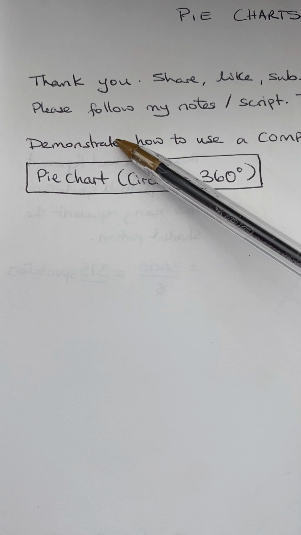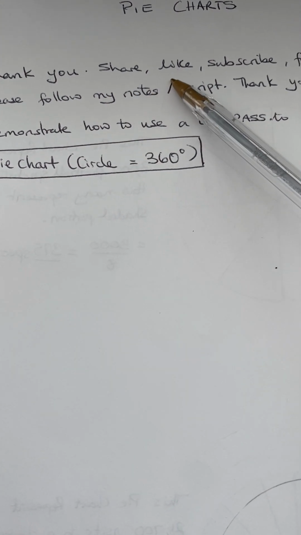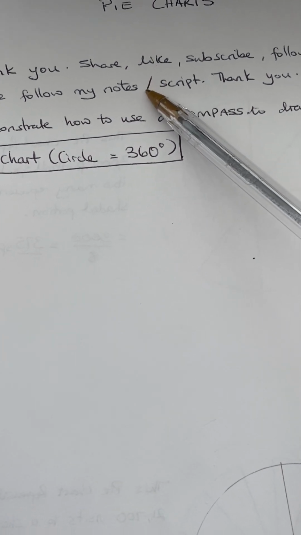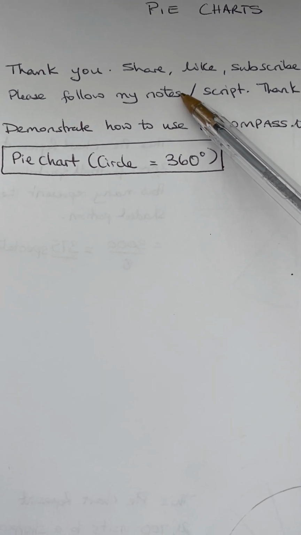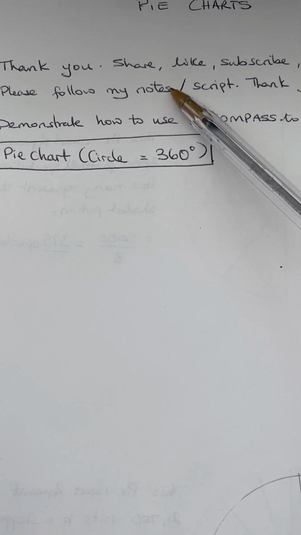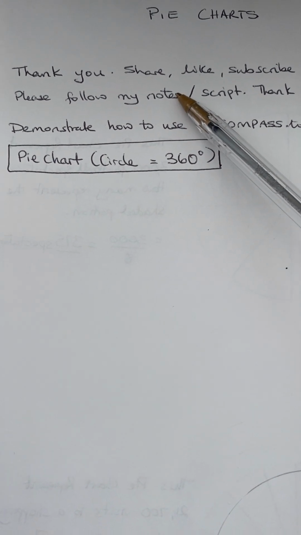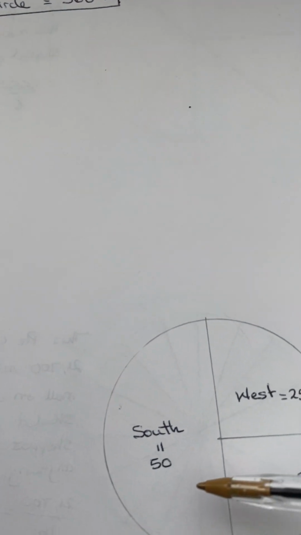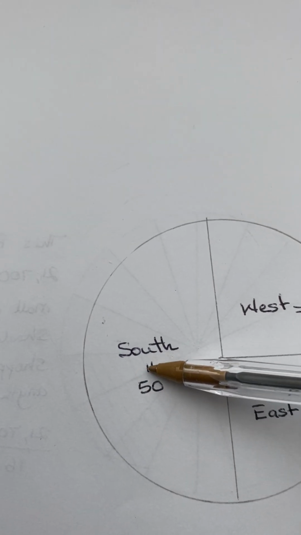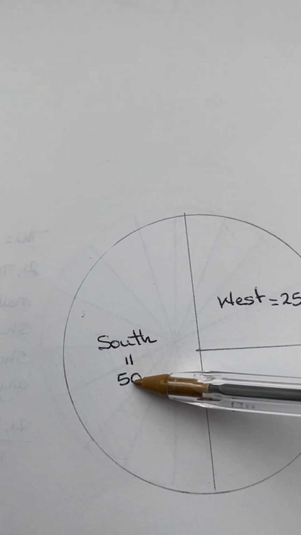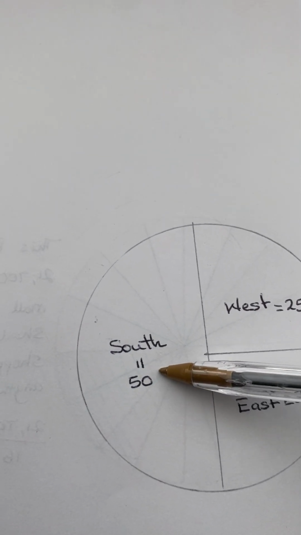Normally in the comment section I write, and please follow my notes/script. I watch the video before I upload, and when I upload I watch it again. At times I realize that where I might say 50 I end up saying 5. What I'm pointing to is what I meant to say.